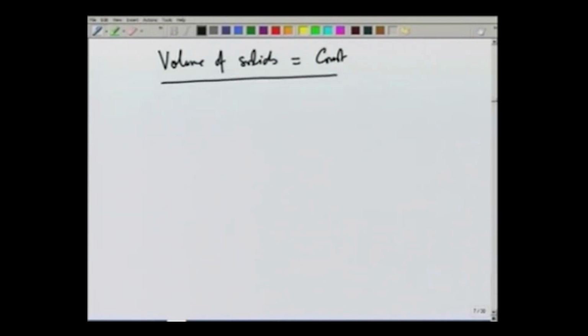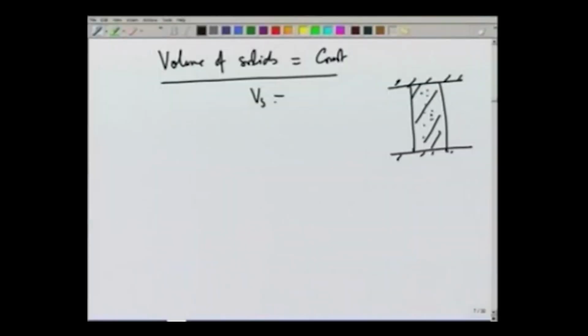So, if we have an aquifer material here, no matter how the pressure is changing in this aquifer, water pressure and the grain pressure, the amount of solid material present in this area, volume of solids, which we typically say is Vs, it remains same because the grains are assumed to be incompressible.